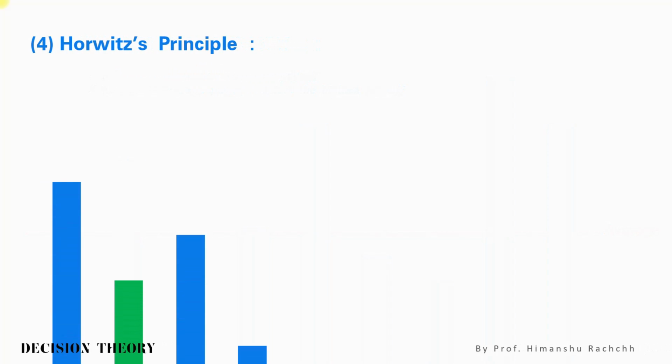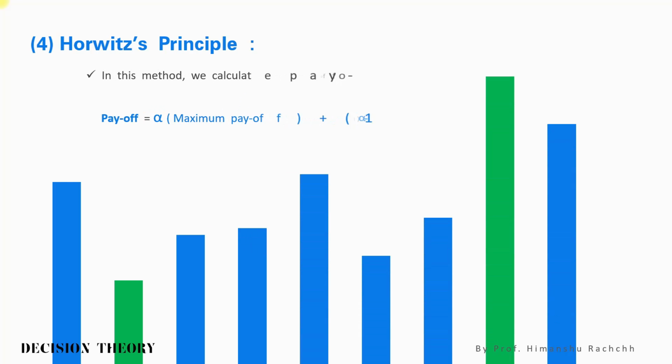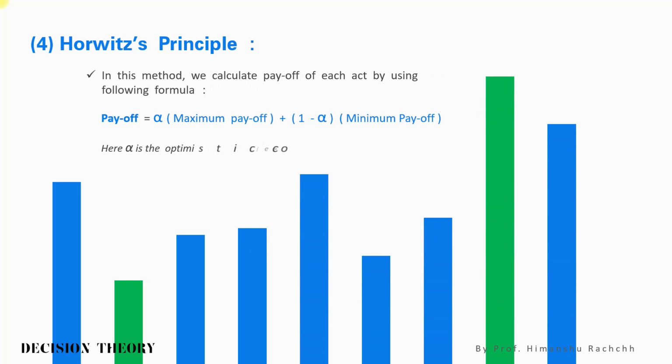Now, fourth method is Hurwitz principle. In Hurwitz principle, we use probability of arising best situation and the probability of arising worst situation. In Hurwitz method, we calculate payoff for each act by using formula.